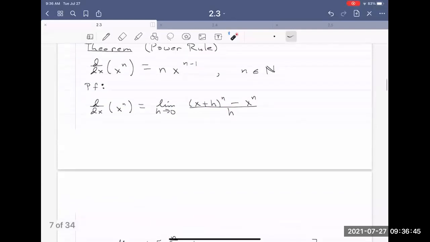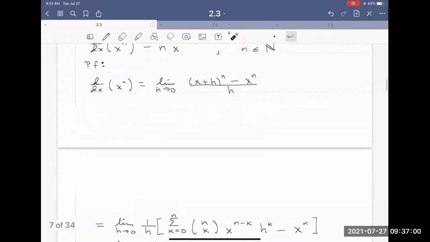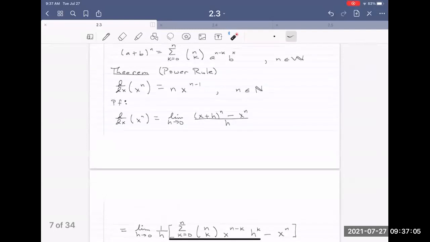Well, I'm just going to replace, instead of writing a, I'm going to write x. So writing b, I'm going to write h. So x and h here. So this is equal to the sum, k equaling 0 to n, n choose k, of replace a here by x, so x to the power n minus k.